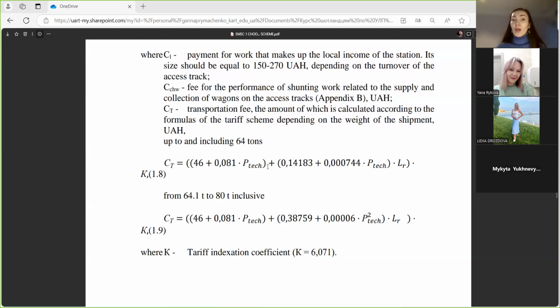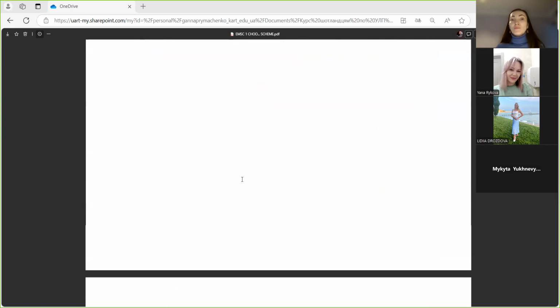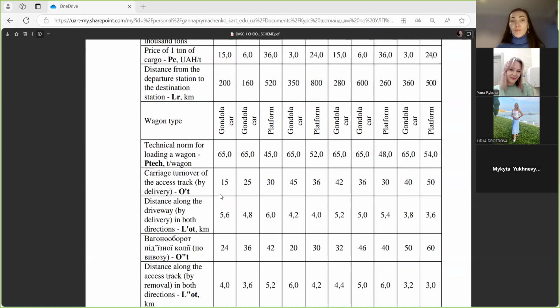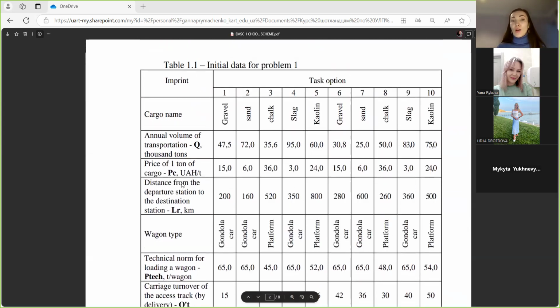I show now in table 1.1, and you could choose the formula. For example, if your P with index stage is line 7 of our table, we use this information. First variant, 65 tons, so we use the second formula 1.9. Third variant, below 64 tons, because it is 45 tons, we use the first formula, formula 1.8.